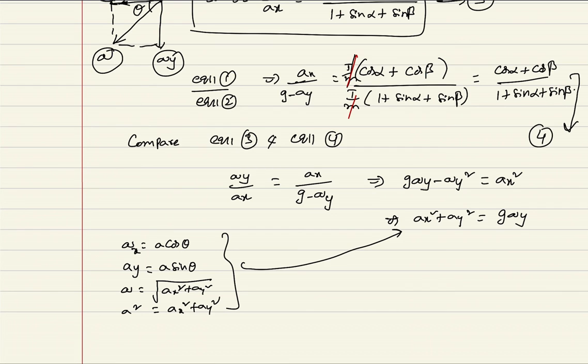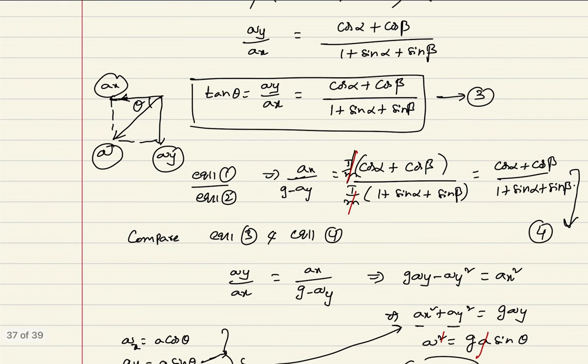Ax square plus ay square value is a square, g into ay value, which is equal to how much? a into sin theta. Now we can see that a and a get cancelled. Finally, I will get the required acceleration of the bead just after it is released. Okay, a is equal to g sin theta.